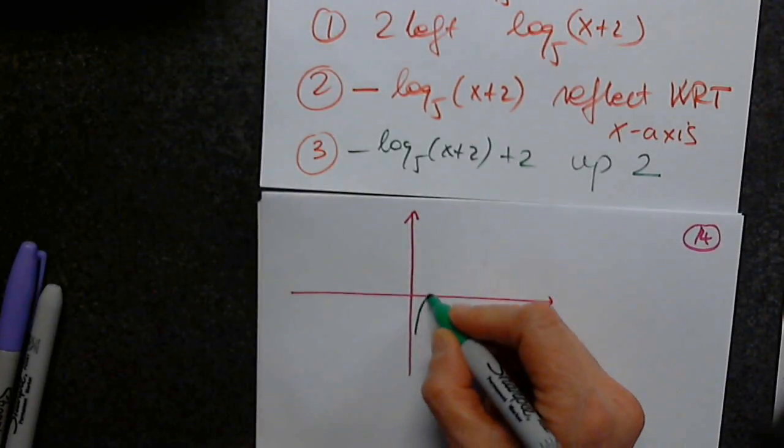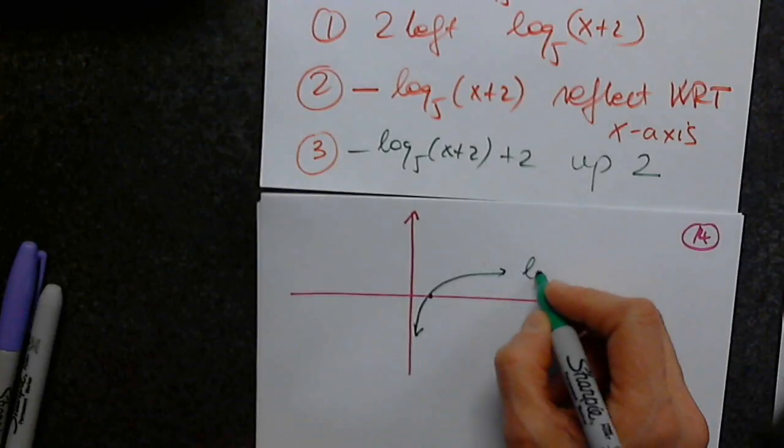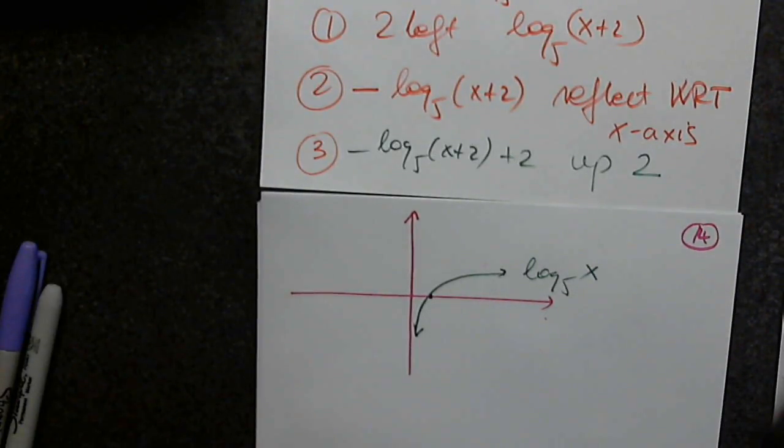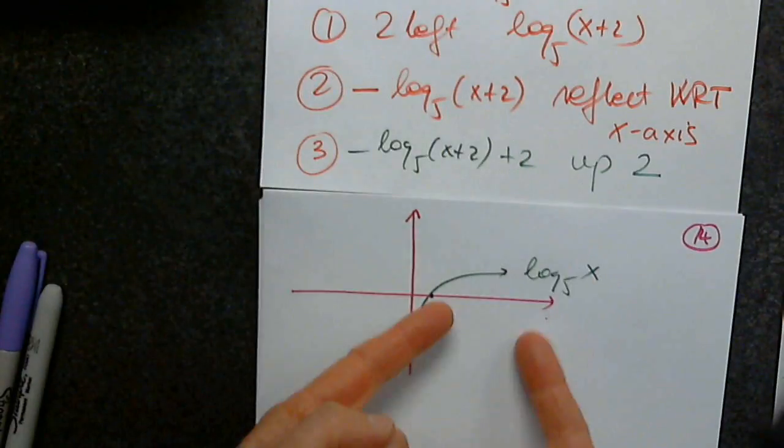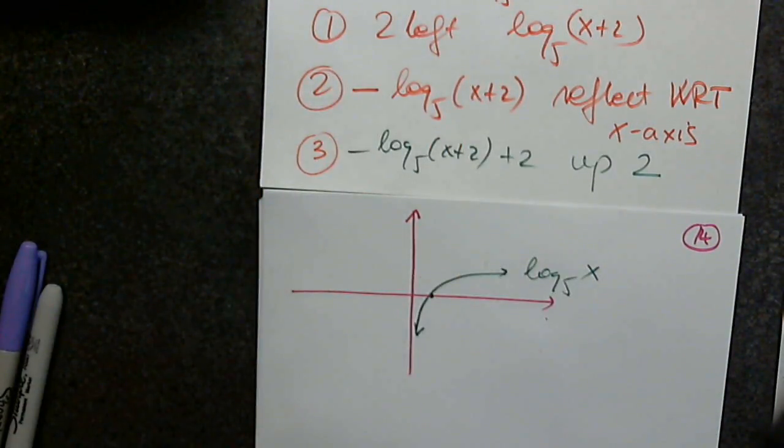Okay, so here's my graph for now, log base 5 of x. It has a vertical asymptote at 0. Right. Then you said graph this function, shifting it 2 to the left. What do I have to shift first? Yes.